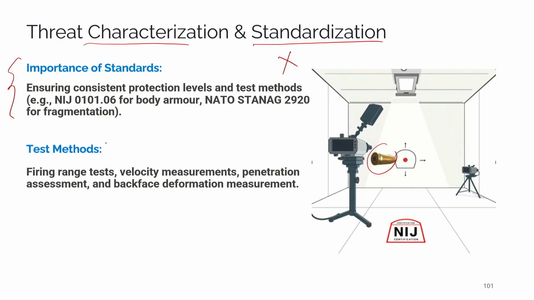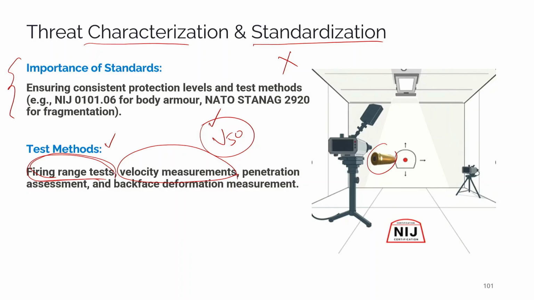So, test methods, that is, the firing range test will be there. So, different types of test methods we have to follow, like firing range test, velocity measurement, that we will discuss separately in detail, that V50, where at that velocity the probability of perforation will be 50%, that we will discuss subsequently.